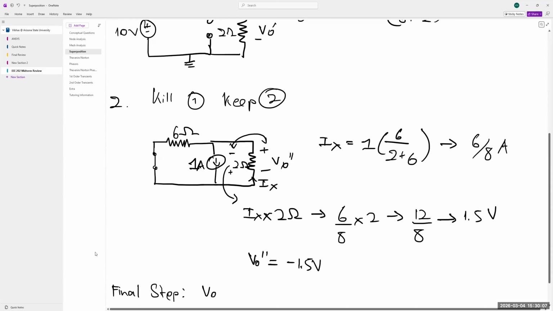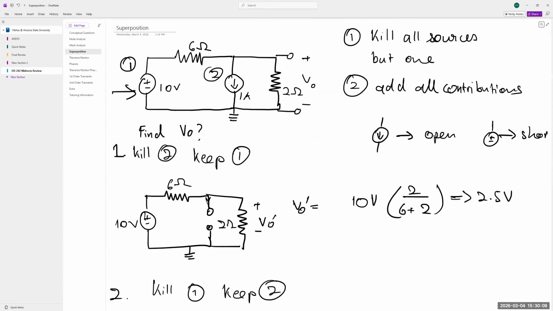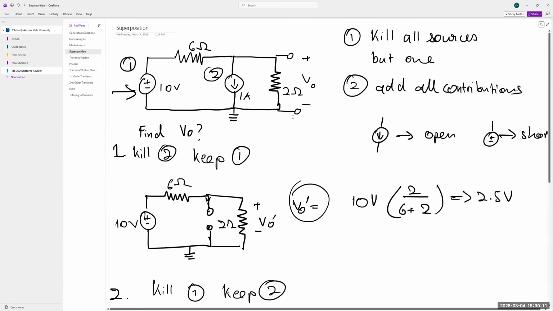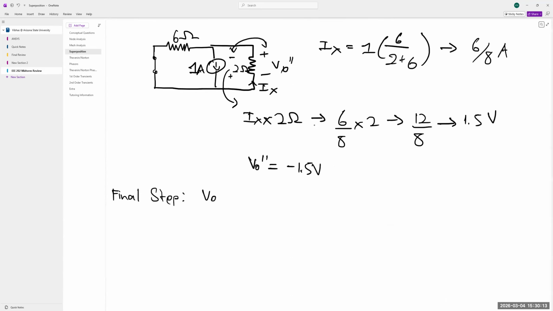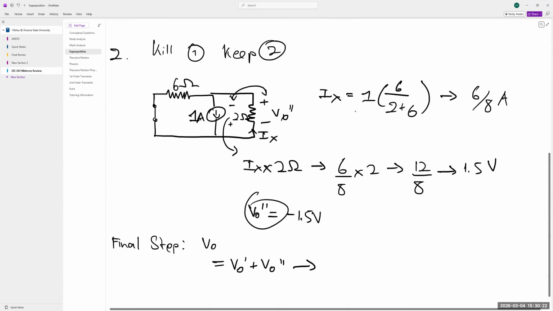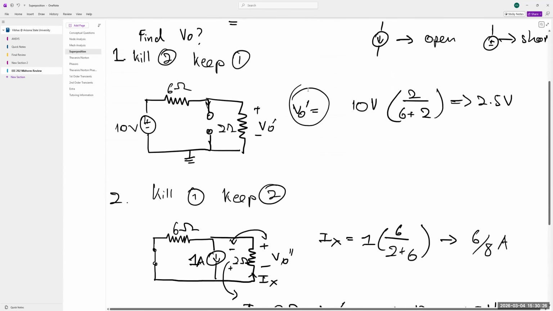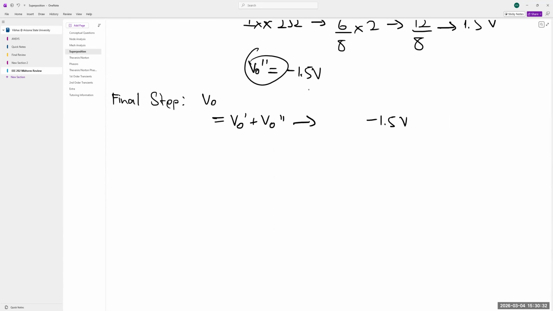All right, the final step to find VO in this circuit is to add the individual contributions of each source. So VO is equal to VO dash plus VO double dash, which we found were, so VO double dash is negative 1.5 volts and VO dash was 2.5 volts. So 2.5 minus 1.5 volts, that's going to give us 1 volt.